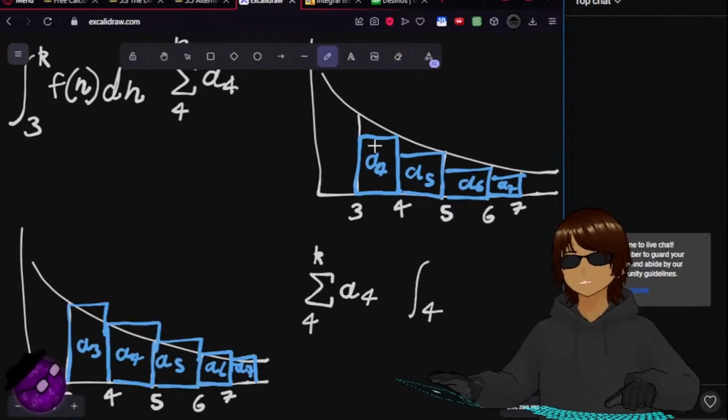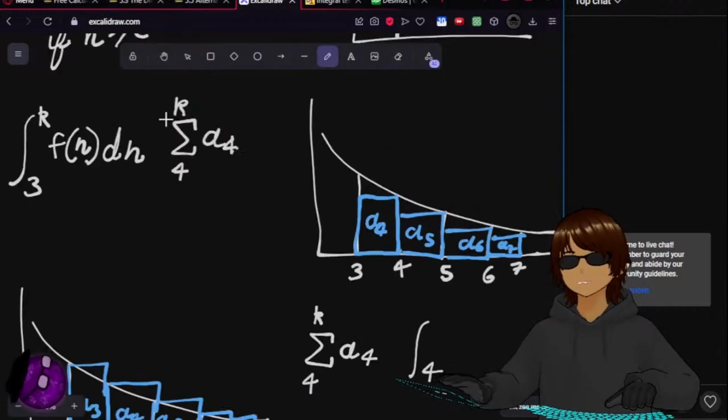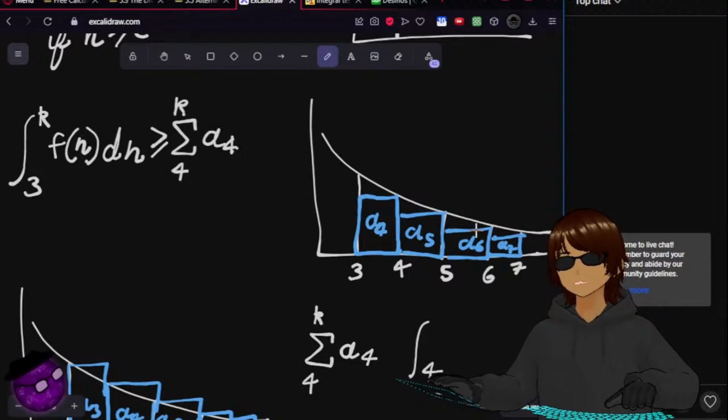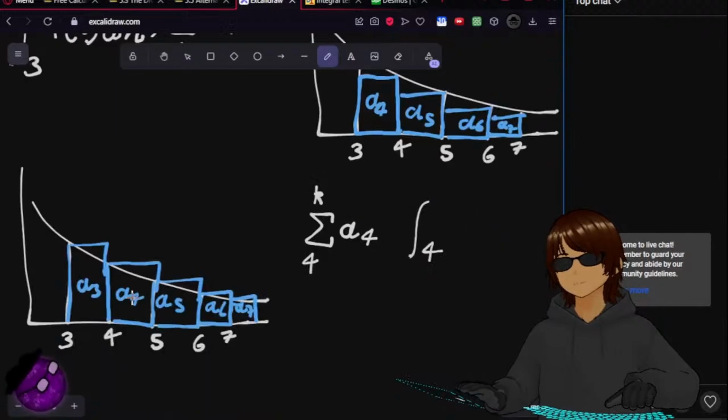It's the left. Well, here's the right Riemann sum, so this sum would be less. Would be like this. So you have the area under the graph, and then the sum of the squares would be an underestimate. Over here, the sum of the rectangles would be an overestimate. So this would be an overestimate from 4 to k.